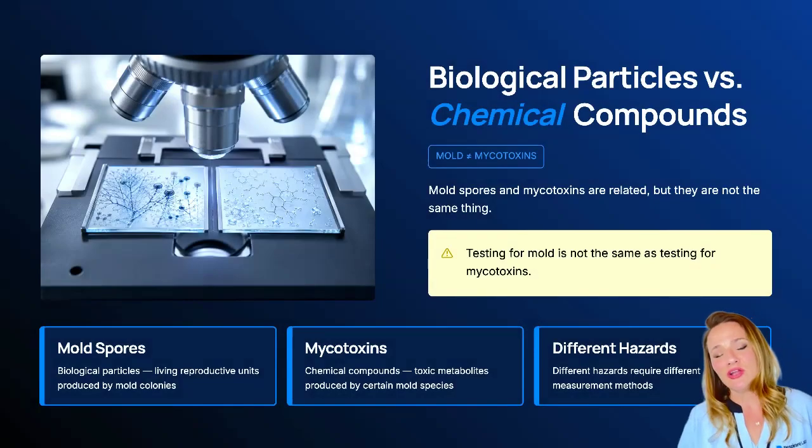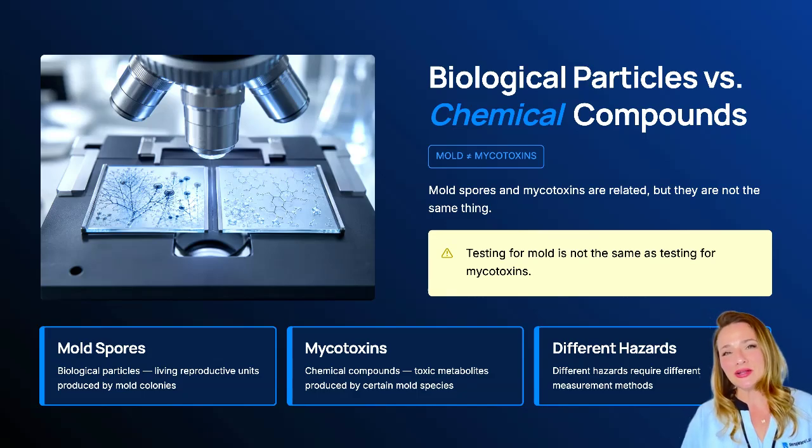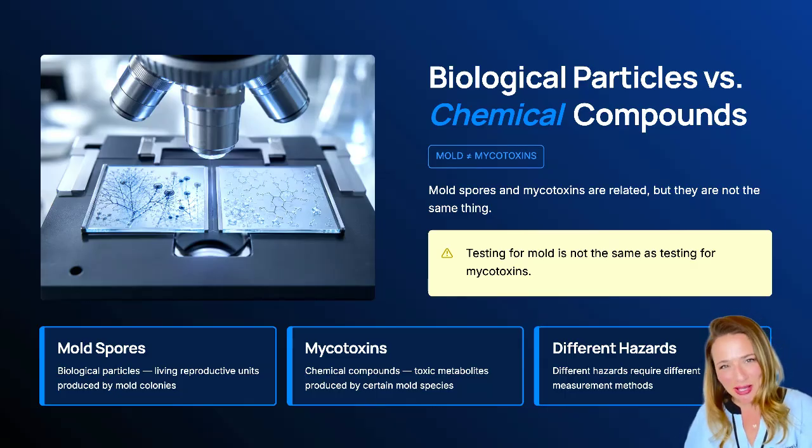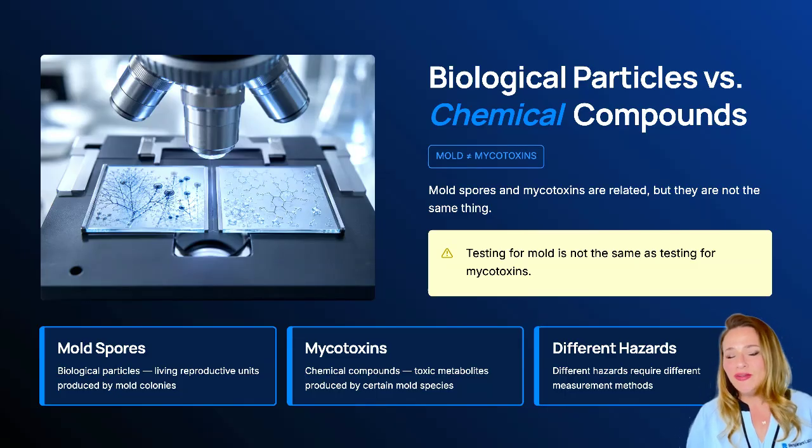On the topic of understanding different environmental tests and where they fit into the bigger picture is understanding the big difference between biological testing and chemical testing. So mold is a living organism, and mold testing is looking at biologicals. And there's a few different ways of doing this.